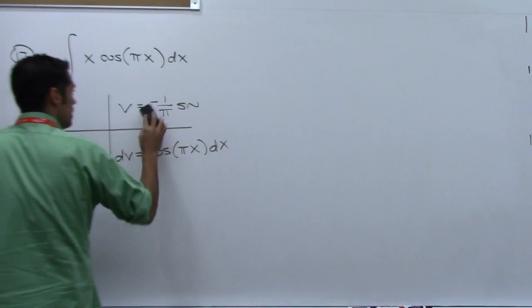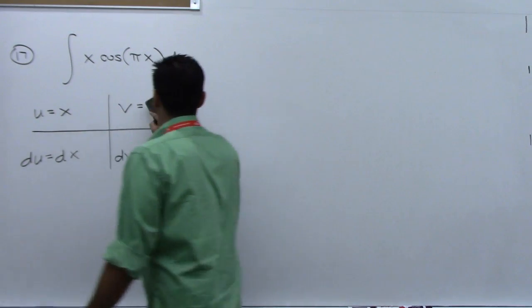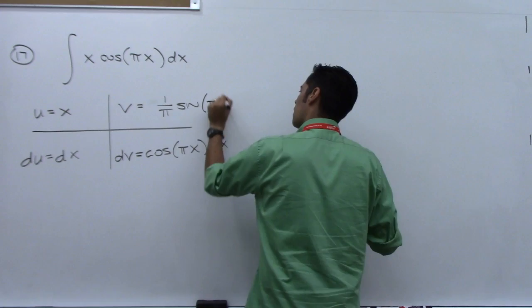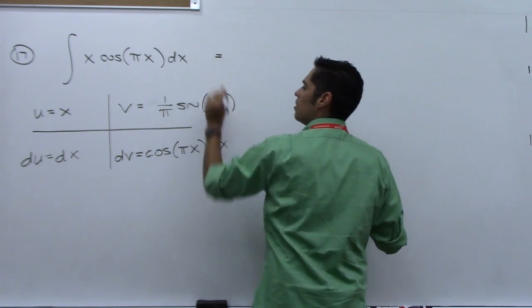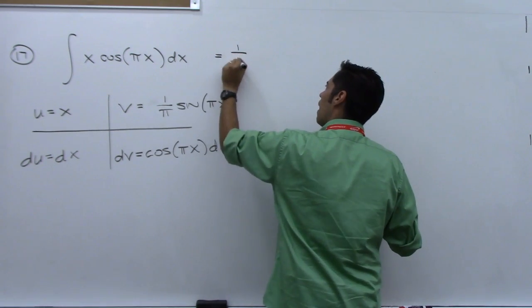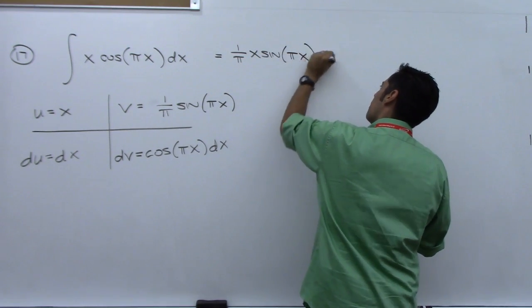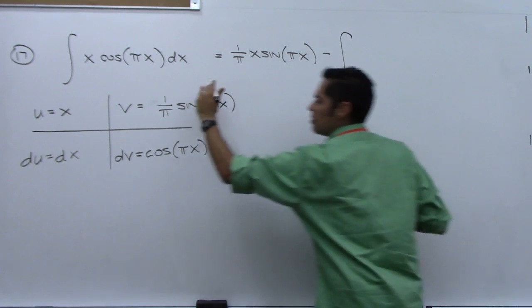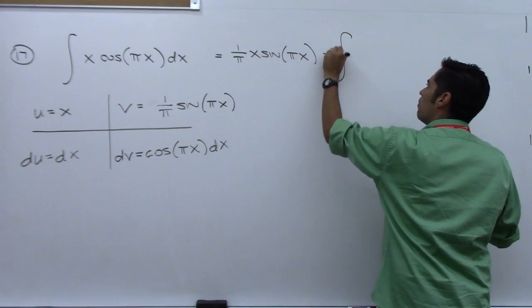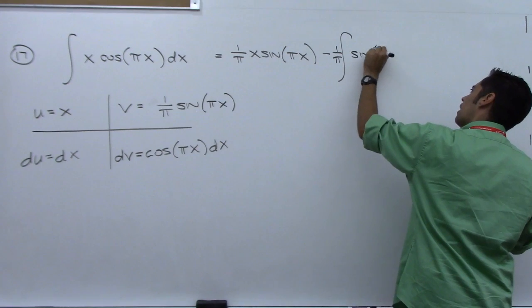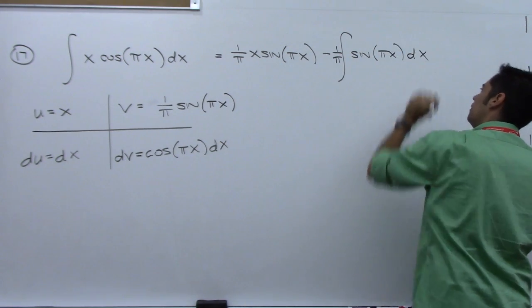I don't know why I did that. Antiderivative of cosine is sine. So sine pi x. So this becomes uv, 1 over pi x sine pi x, minus integral v du, which is across like this. And I pull that 1 over pi out, and I have sine pi x dx.